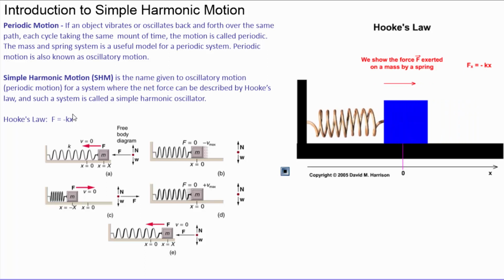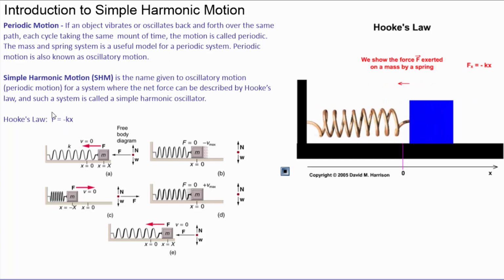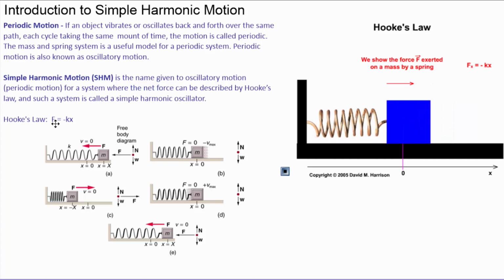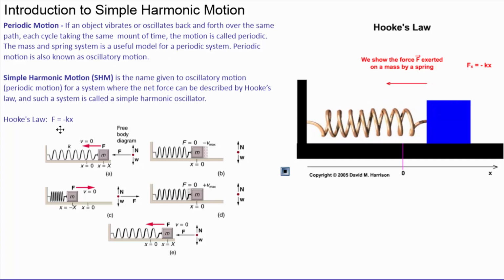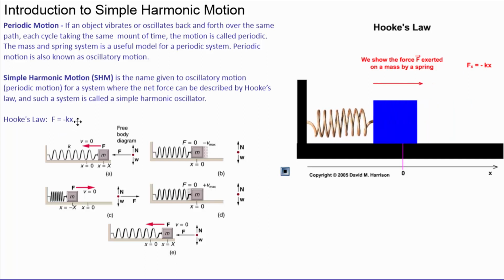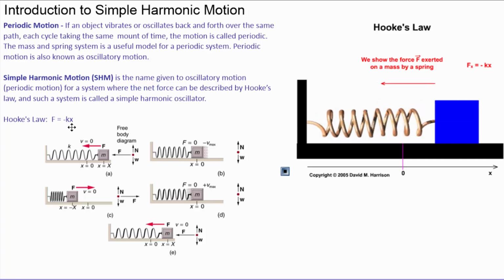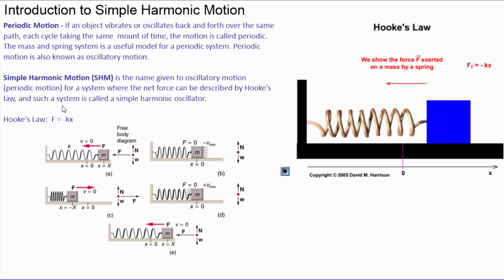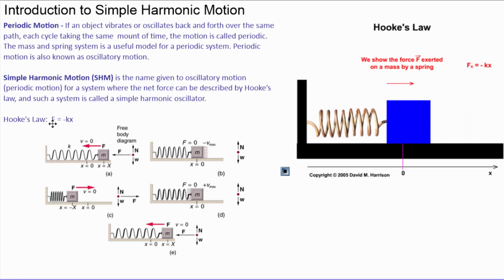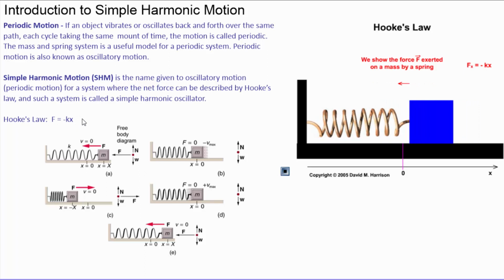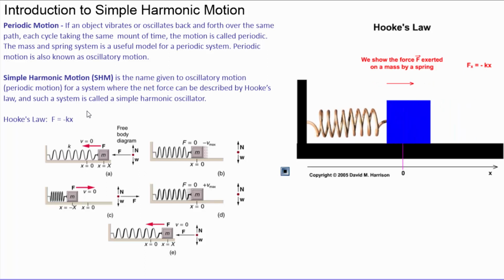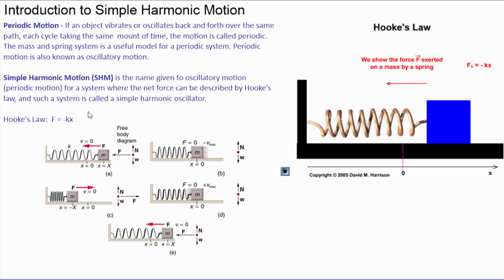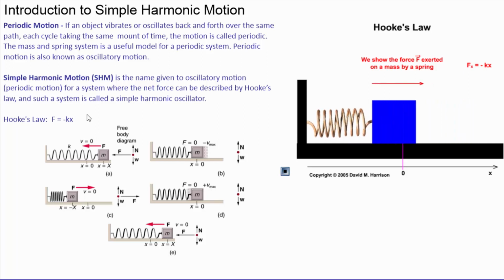In addition, Hooke's law says that that force, which is also considered a restoring force, must be proportional or linear to our displacement. So as that x increases, our displacement away from equilibrium, the force will also increase in a linear manner. There's no exponential relationship here, no trigonometric functions that we're dealing with yet. This is simply a linear relationship of the restoring force being proportional to the displacement.